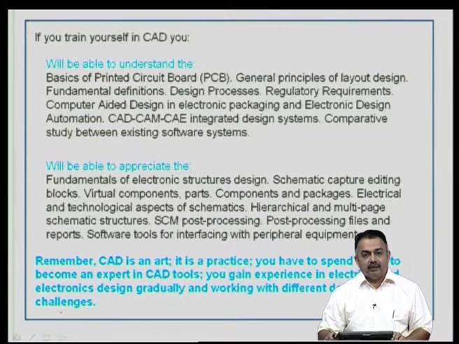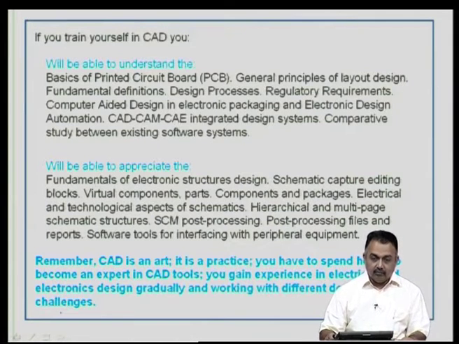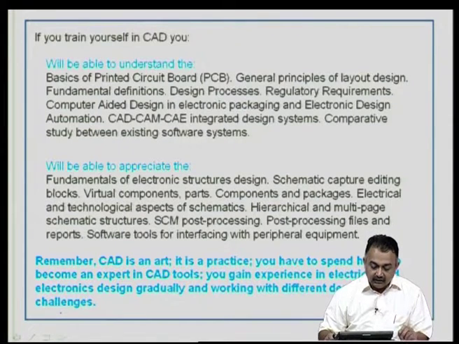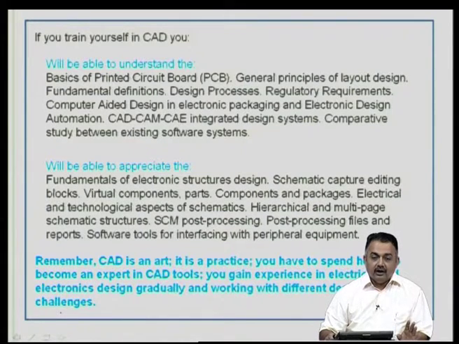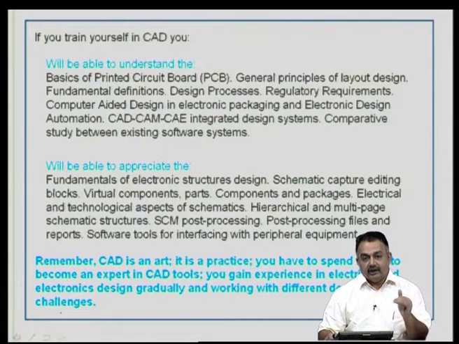If you train yourself in CAD, printed wiring board CAD, you will be able to understand the basics of printed circuit board. As a designer, you must know the process of PCB, you must know what is known as the layout, design layout of a printed circuit board design, basic fundamental definitions, design processes that are generally adopted worldwide, regulatory requirements that can qualify your board and make it a leading edge.